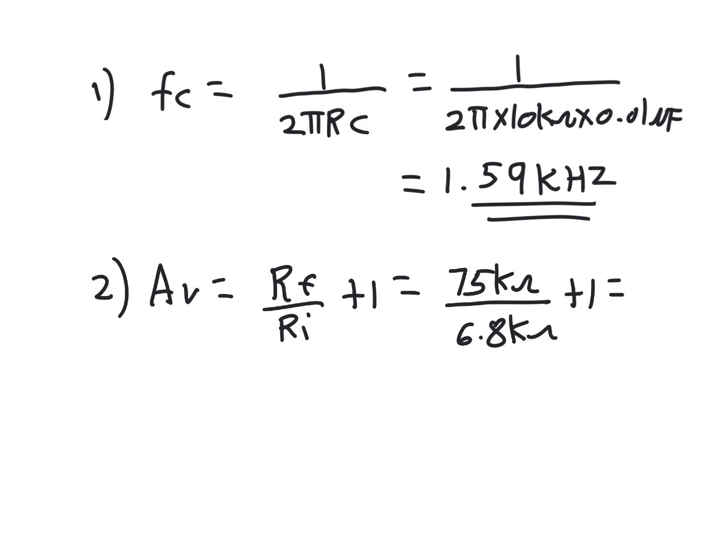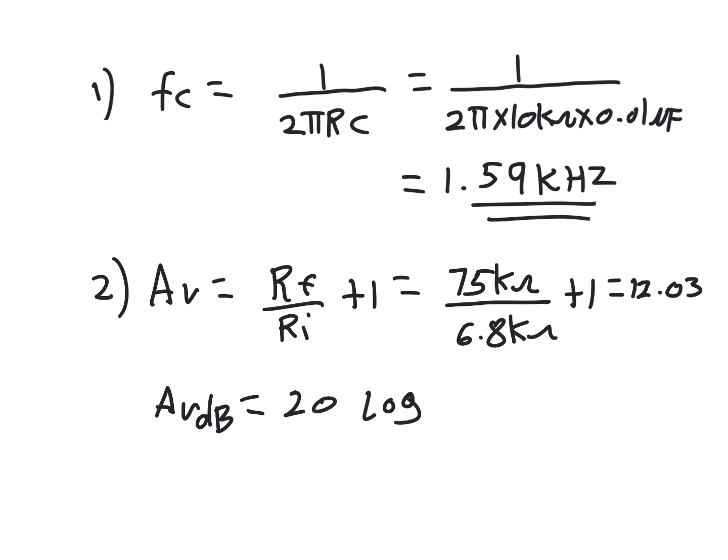So we have 75 divided by 6.8 plus 1 equals 12.03, and then convert that into dB.